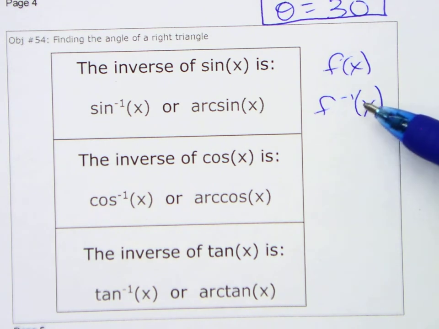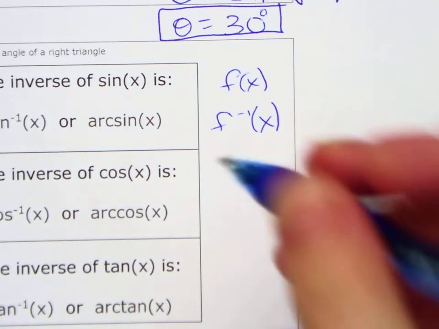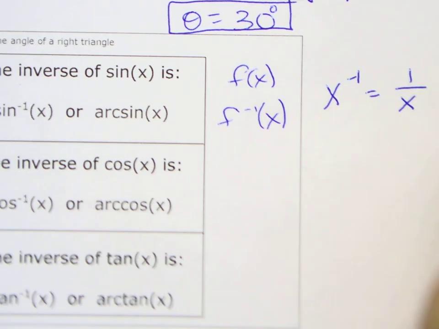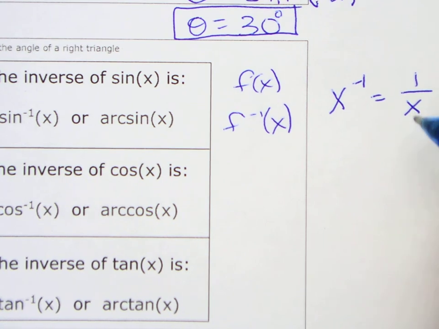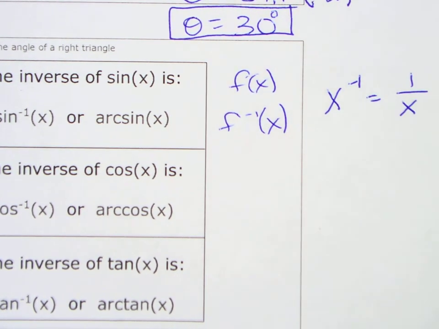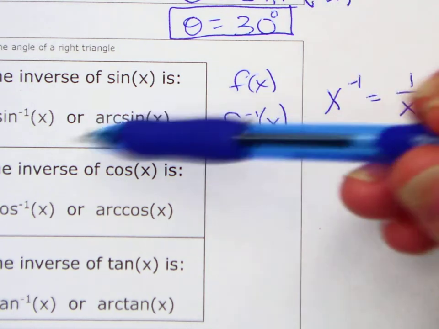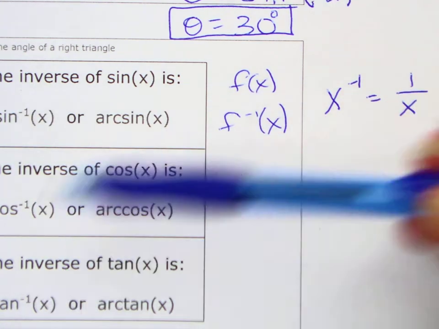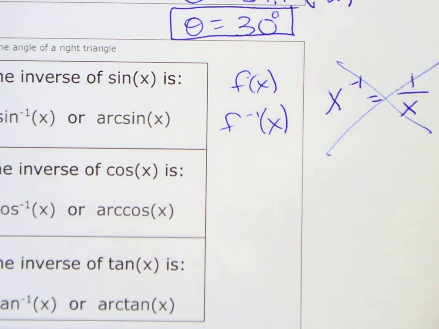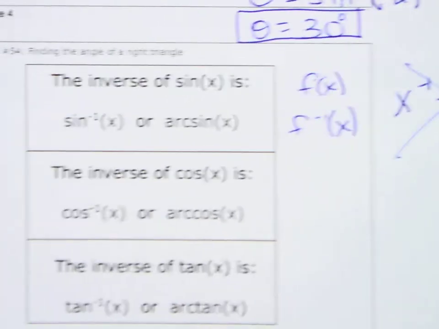It's confusing because x to the -1 means something totally different. So this is incredibly different from this. We're not talking about 1/. They look the same, but they mean two different things. You got to pay attention to the context. So a -1 in this case specifically means inverse, not 1/.